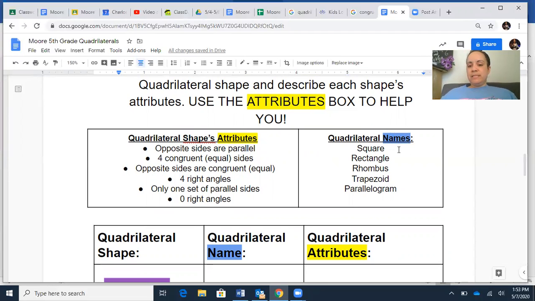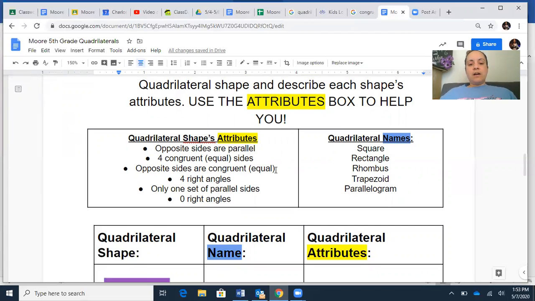Quadrilateral names. Here's the names of the 5 different types of shapes: square, rectangle, rhombus, trapezoid, parallelogram. Here's my attributes. Opposite sides are parallel, 4 congruent or equal sides.